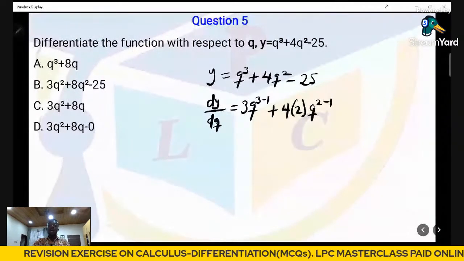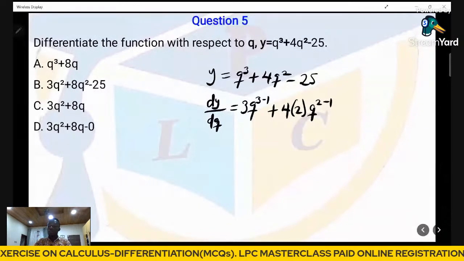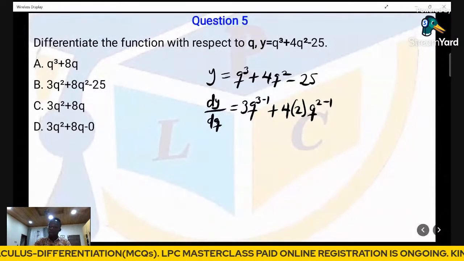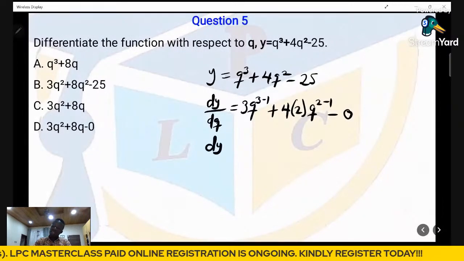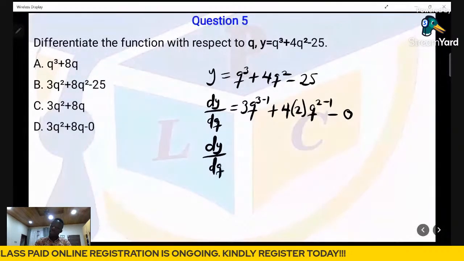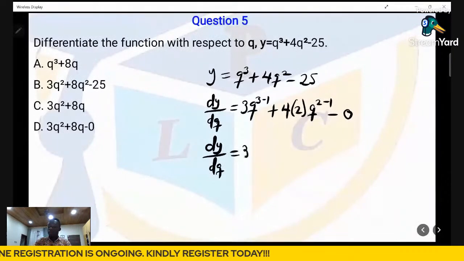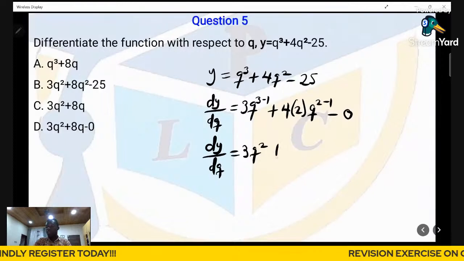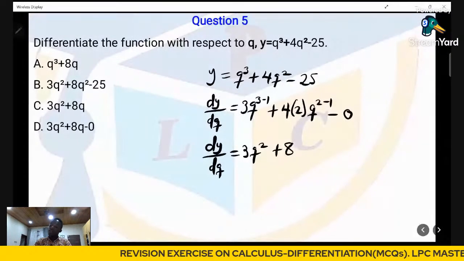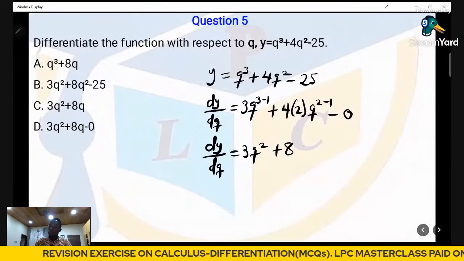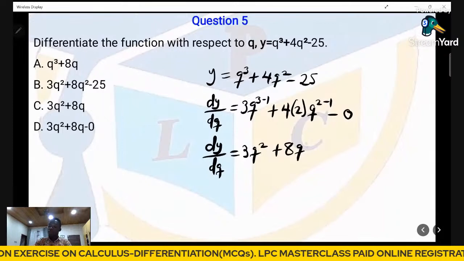In our differentiation class, we said that the differential of a constant will result in 0. So we have 0 here. So therefore, our dy over dq is going to give us 3q. Remember, 3 minus 1 is going to fetch us 2, okay? Plus 4 multiplying 2, you are getting 8. Then 2 minus 1, we are getting 1. So that's q to the power of 1.